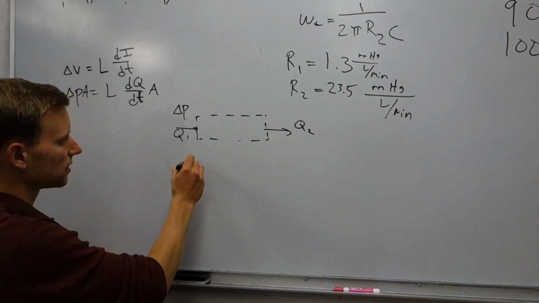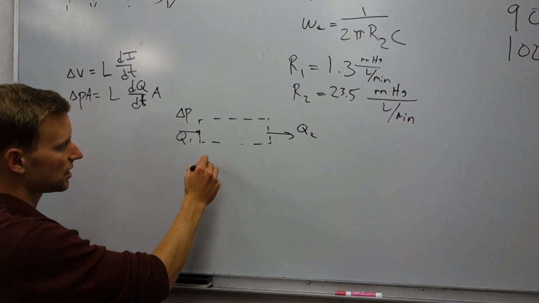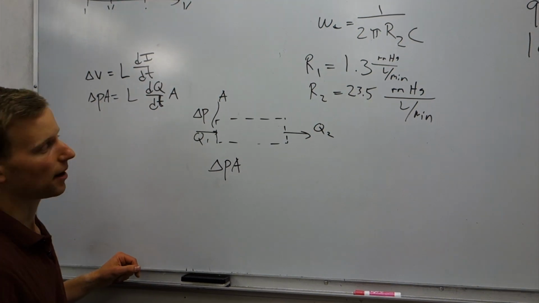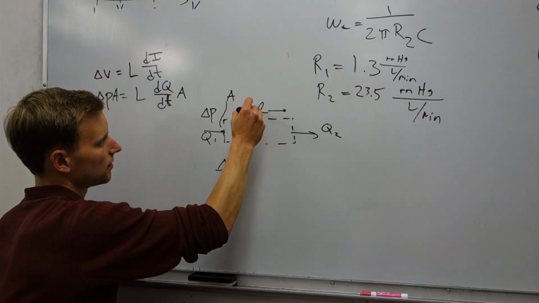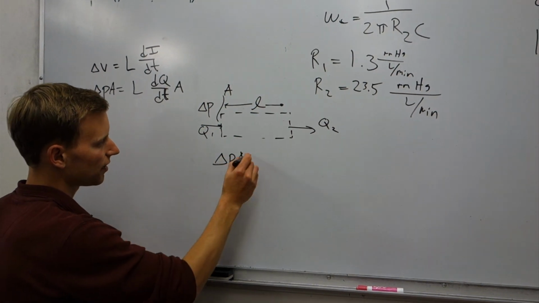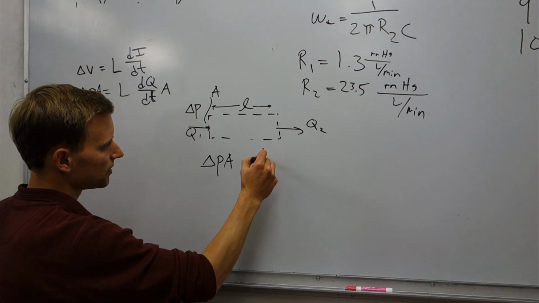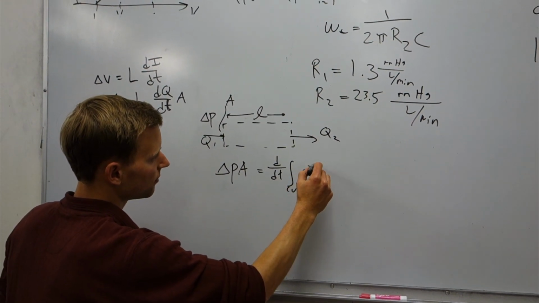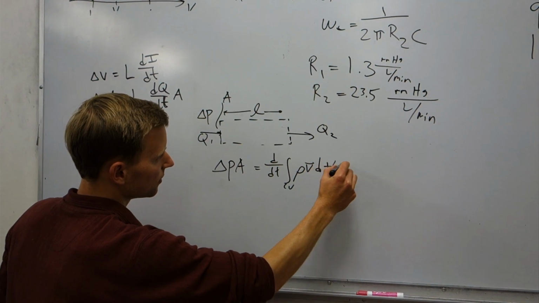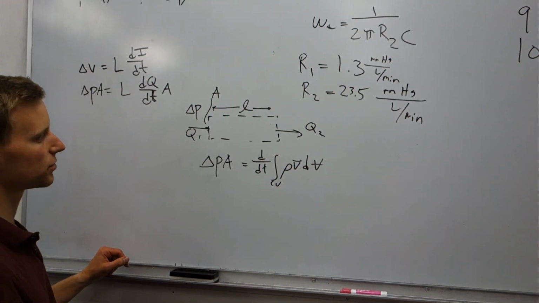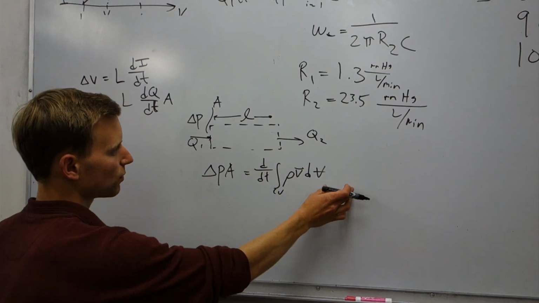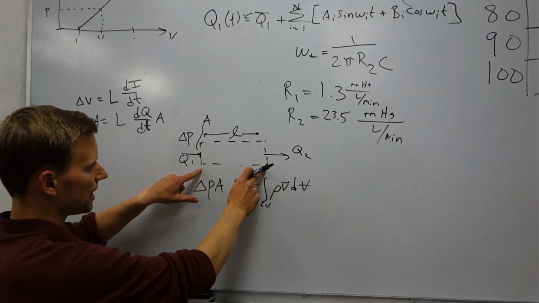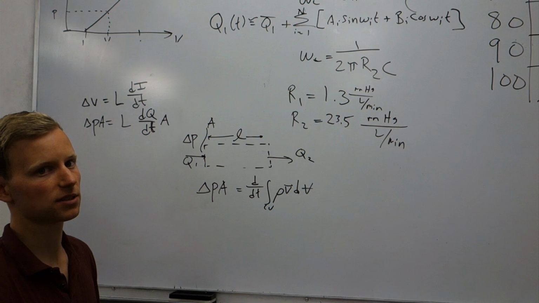If we apply momentum balance, the sum of the forces is delta P times A, some cross-sectional area of our pipe, and it has some length, lowercase l. F will be equal to the time rate of change in our control volume of the momentum inside the control volume. And then the flux terms, what are they going to be? Well, they have the same Q in and Q out in the same area and they're opposite signs, so the net flux will be 0.